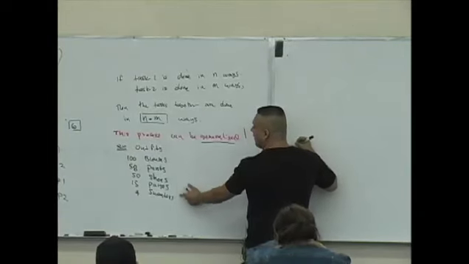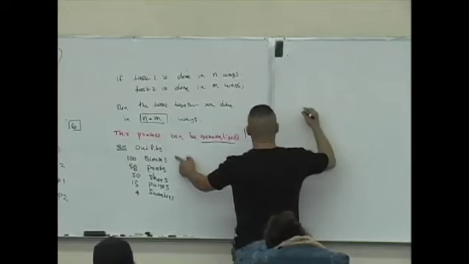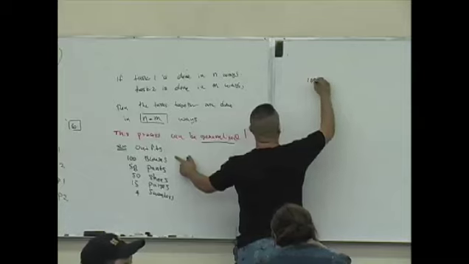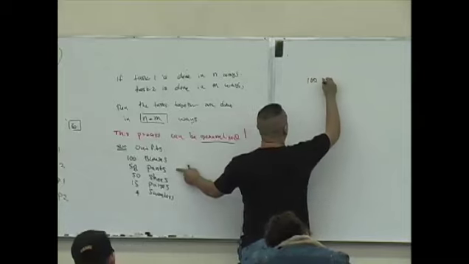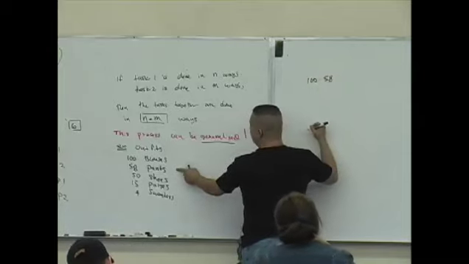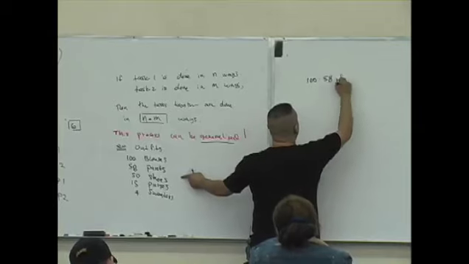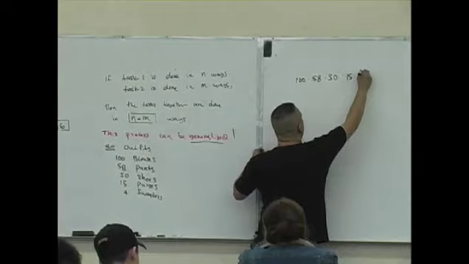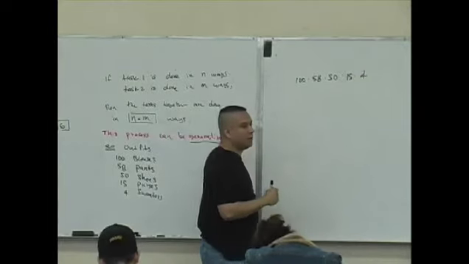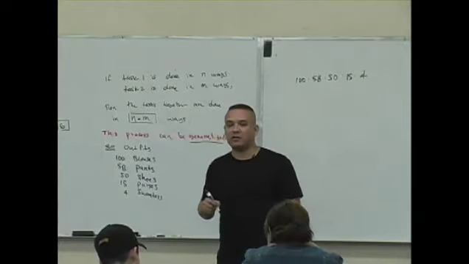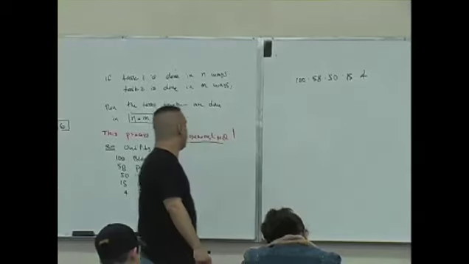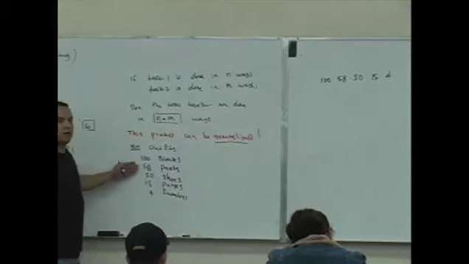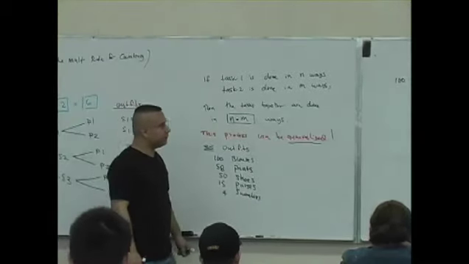Fine. So let's ask this question, an illustration of the generalization of the multiplication rule here. An outfit now consists of these items. In other words, 100 blouses times 58 pairs of pants times 50 shoes times 15 purses to go with her 4 sweaters.